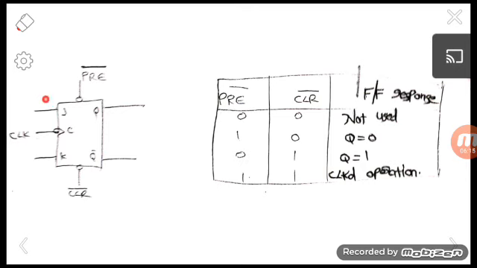Here, for the JK flip-flop, when preset bar and clear bar are 1, the flip-flop responds freely to the J and K inputs and also to the clock, in a normal way. So for clocked operation we have to set preset bar as 1 and clear bar as 1. Thank you. That's about our asynchronous inputs.